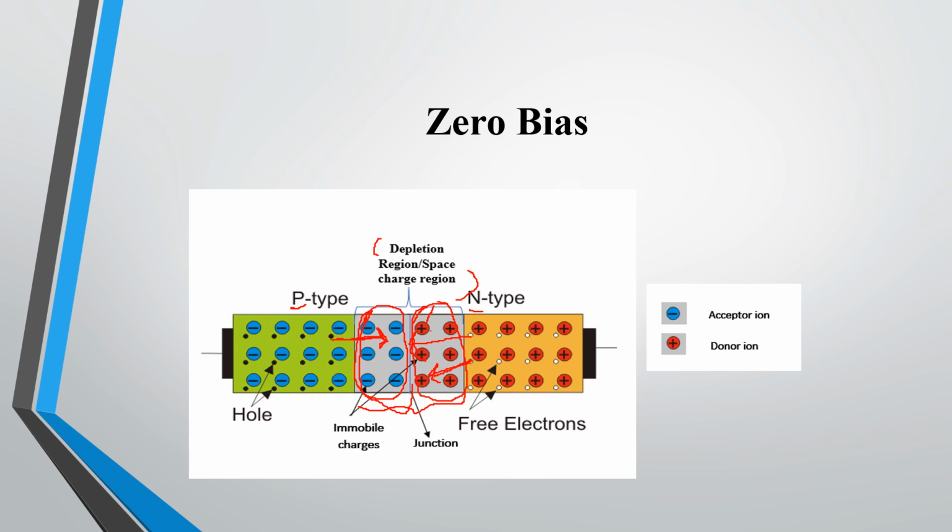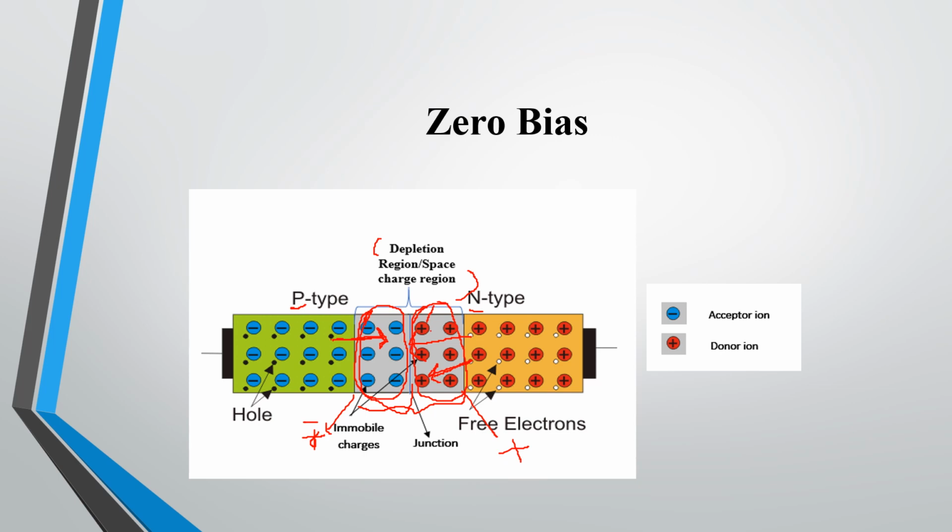Hope this is clear. Here negative charge is created, and here positive charge is created. So there occurs a potential called barrier potential, V_B.